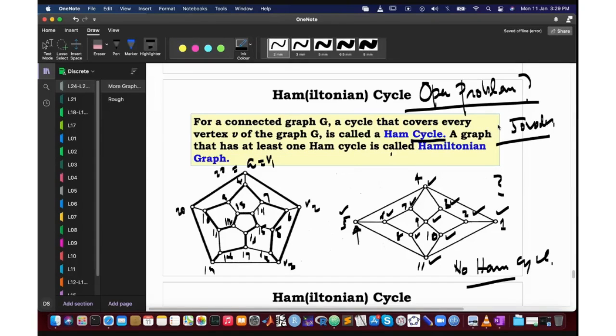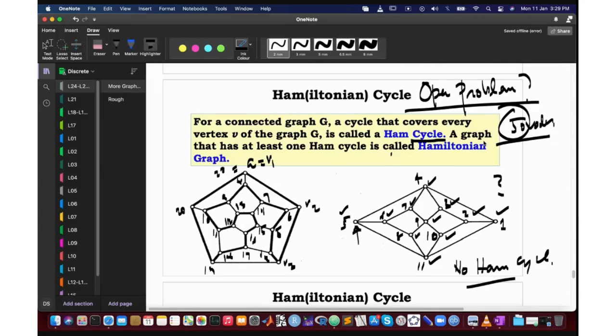Even for moderate sized graphs, a graph on 50 nodes is nothing. The graph of Facebook people is, I don't know, 5 billion nodes or something. So we have very huge graphs for which this is an interesting problem, but even for very small graphs, it's not known how to test whether the graph contains a Hamiltonian cycle or not.